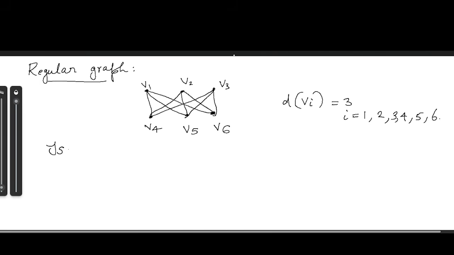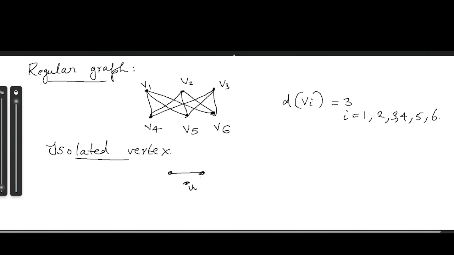Next, another definition. Isolated vertex. A vertex having no incident edge is called an isolated vertex. That means, suppose we are considering a graph like this, and suppose here is a vertex, and here you can see that degree of this vertex u is 0.